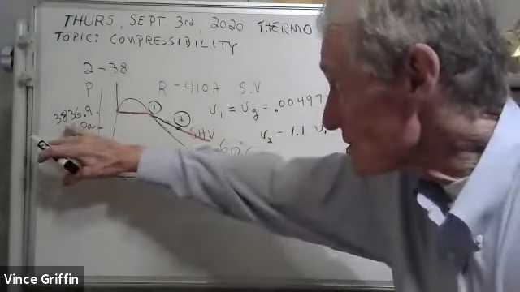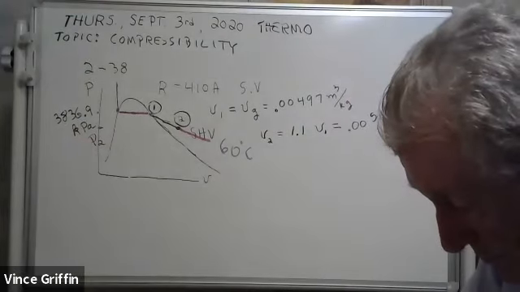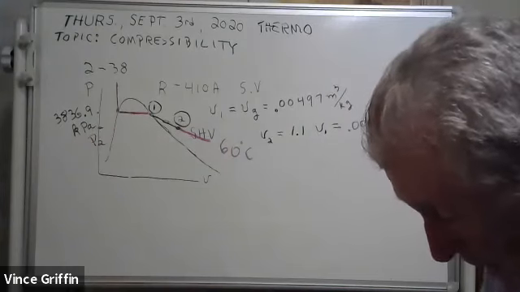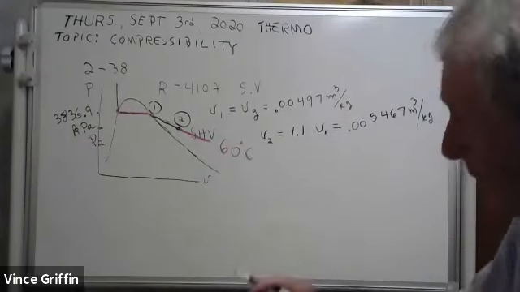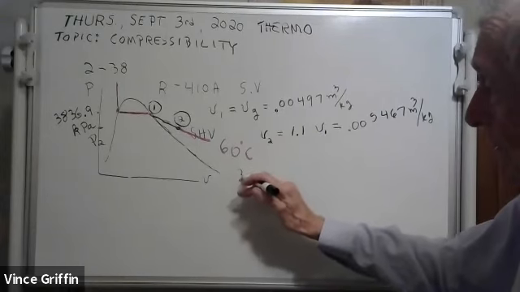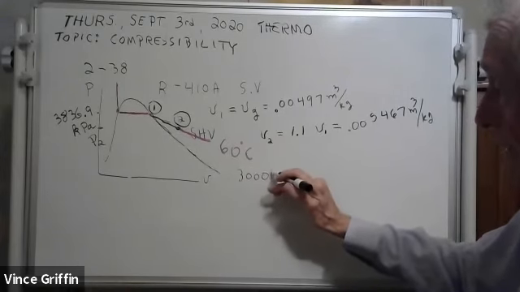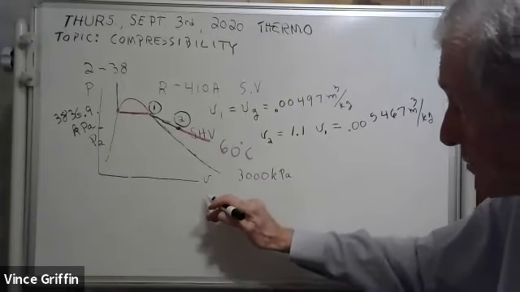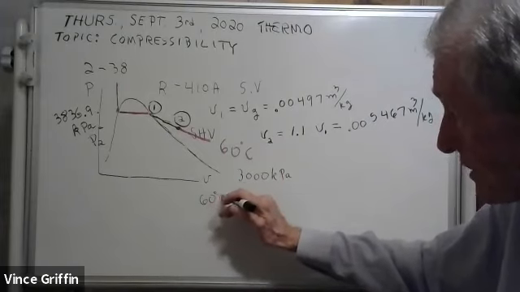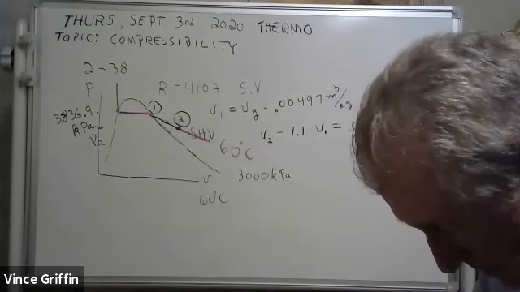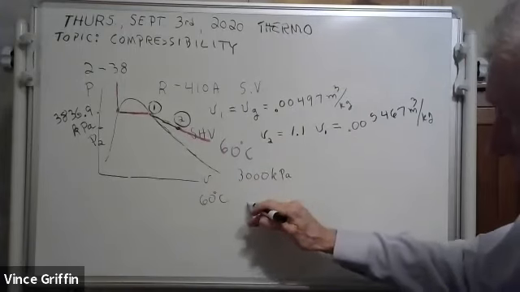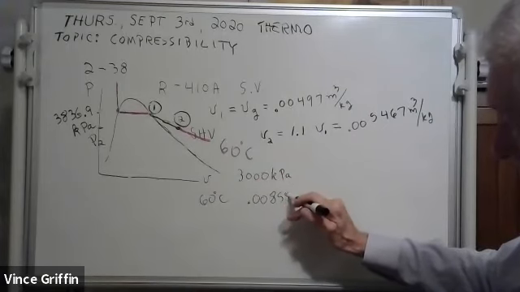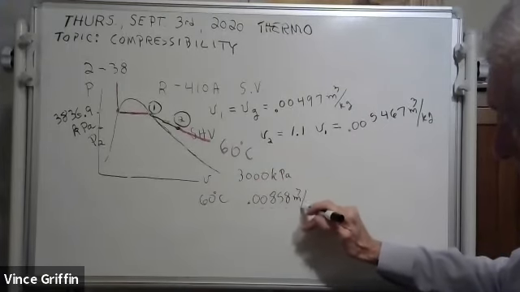We know our pressure is less than 3,800. So we could try some of these. How about 3,000? Let's try that. At 3,000 kilopascals and a temperature of 60 degrees Celsius, the specific volume is 0.00858 cubic meters per kilogram.